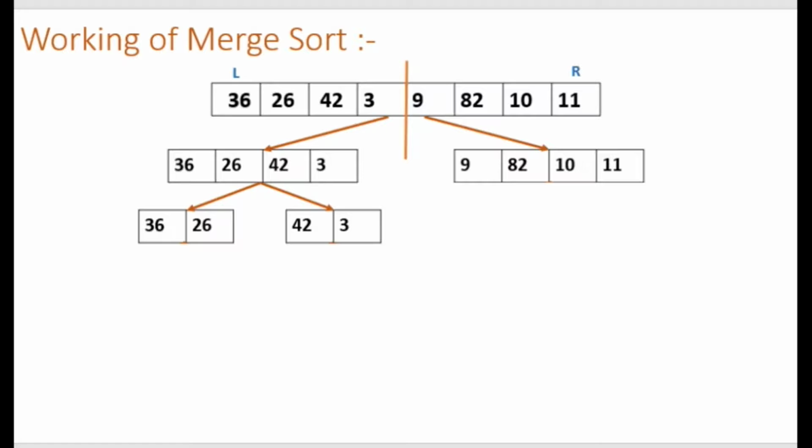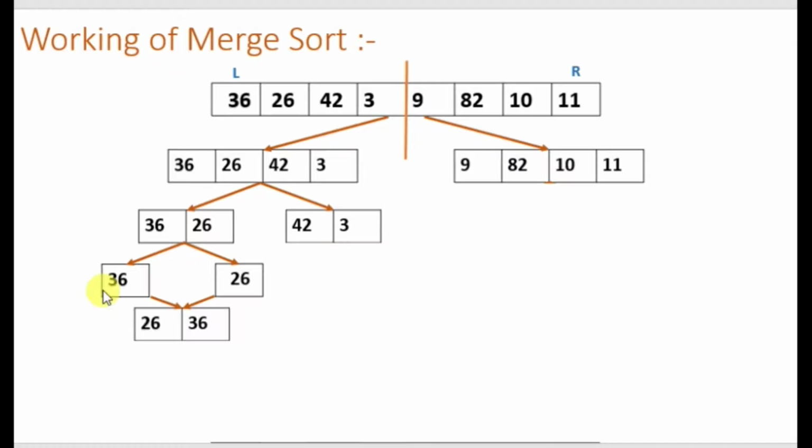Now again 36 and 26 will get split into one element each. We have got single 36 and 26. Merge sort considers a single element as sorted in itself, so we have got a sorted list here. Now here comes the merge procedure. 36 and 26 will get merged.